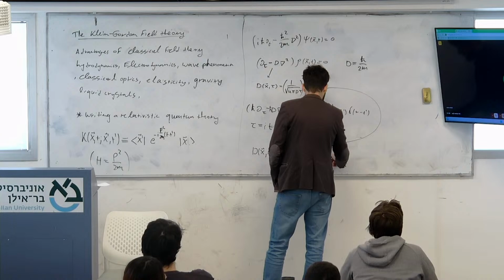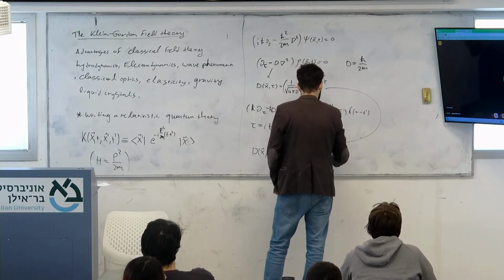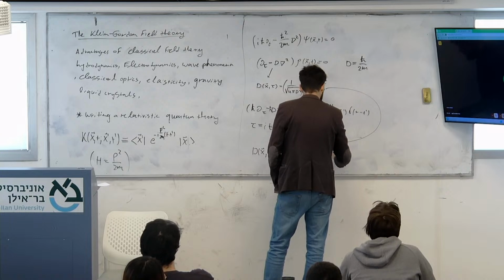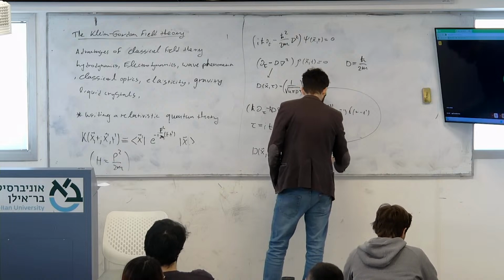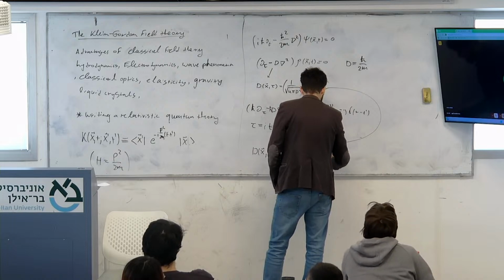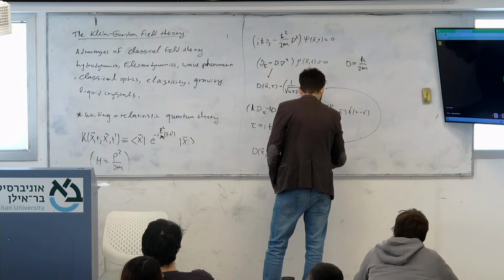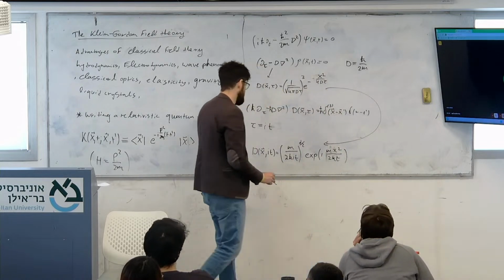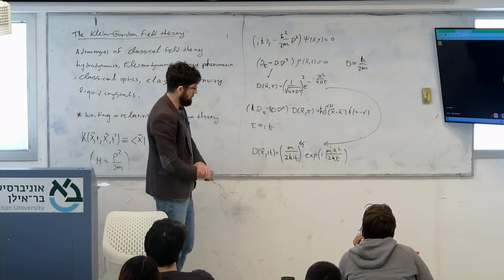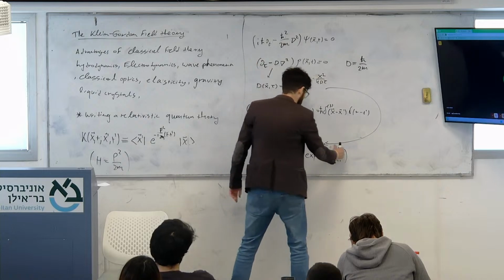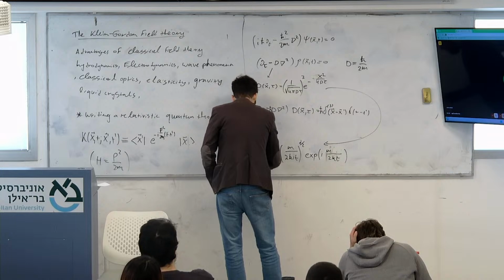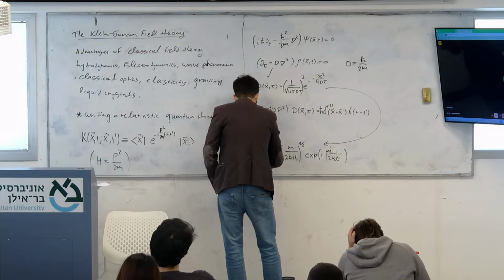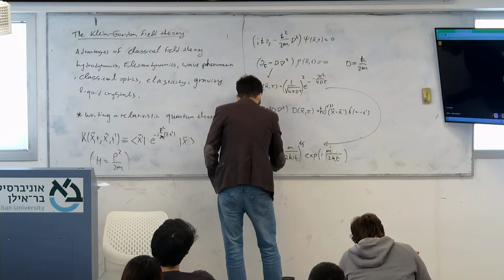Again, we have 2m, so it's m x squared divided by 2 h bar, and this whole thing comes with an i, so it's i t, like that. Okay, and that's indeed your propagator. So here I'll write it like this: D of x minus x prime and t minus t prime.